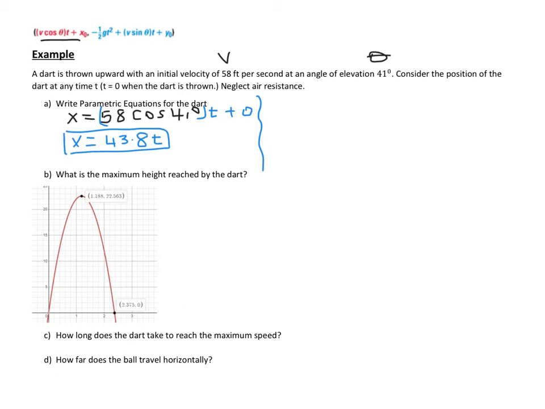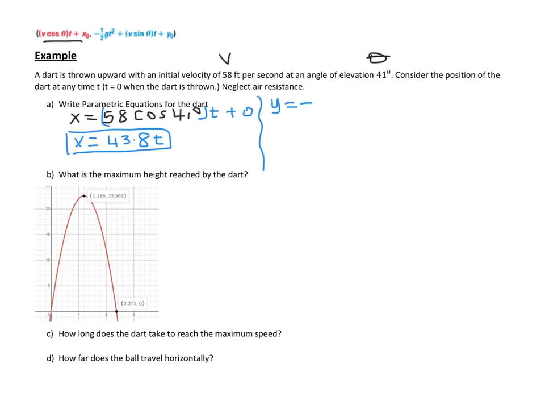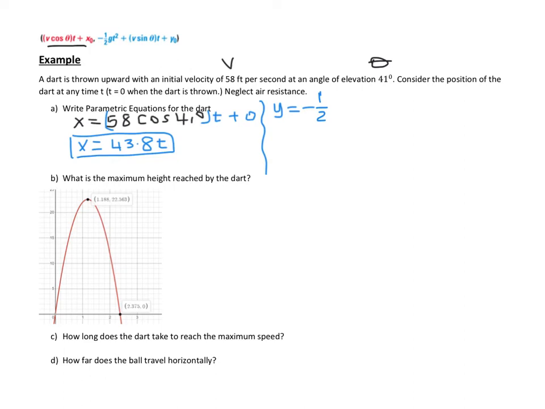So it's going to be negative one half g times t squared, so g is 32, plus v, and I know that v is 58, and then sine of 41 degrees, and all this I'm going to multiply by t, plus 0.